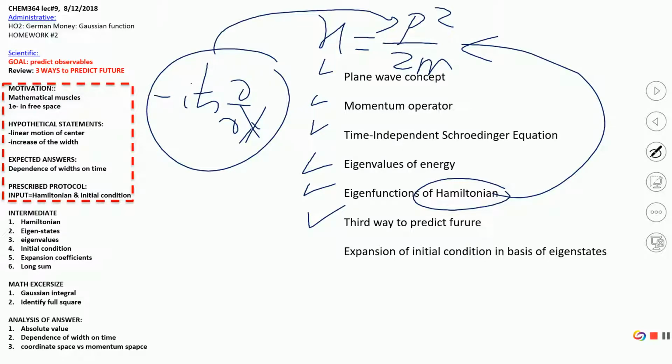Then we practice it further by finding expansion coefficients of this initial condition over the eigenstates of this Hamiltonian. Do not feel embarrassed if it looks like a collection of unclear statements. It's only a heads up. We'll go slowly over all of them. So it is a plan to prove right or wrong two hypotheses: linear motion and expansion of the width.